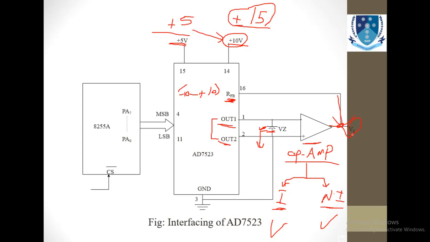This will be your actual output. This is the pins output. The pins output will be multiplied with the reference value, and this will be your actual output.